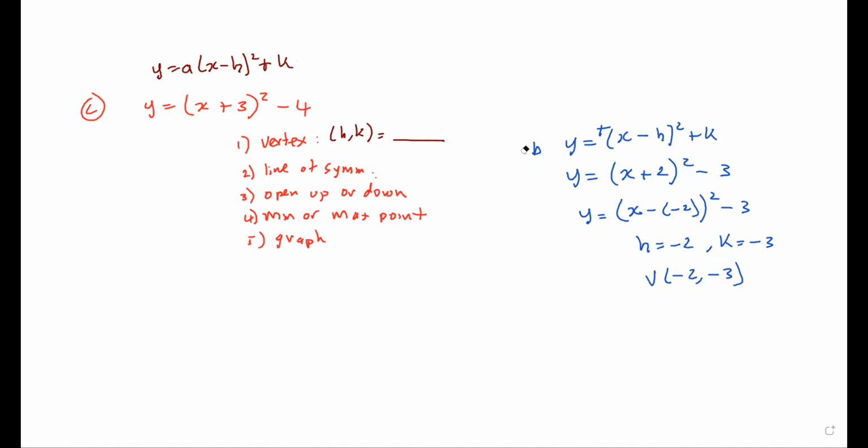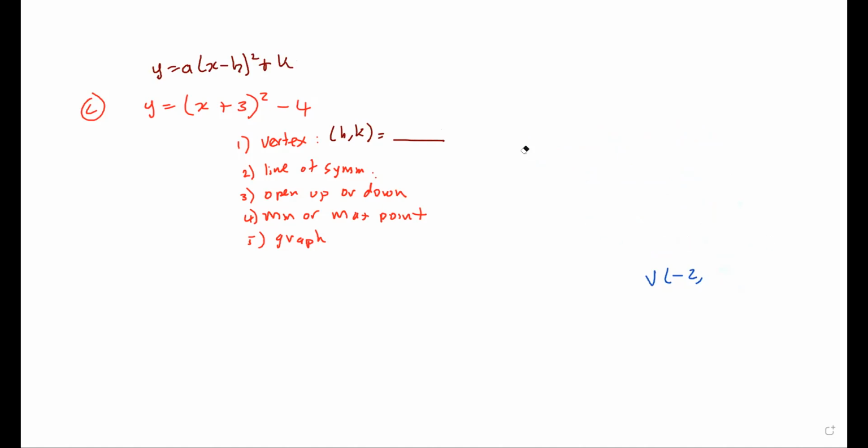And I'll erase this one here. I'll give you one more to do below that because some of you might be quite quick. So y equals minus (x minus 2) squared plus 3. Okay, try that one as well.